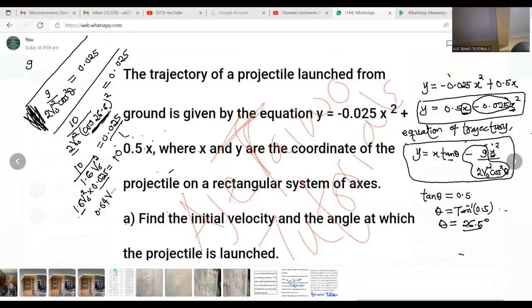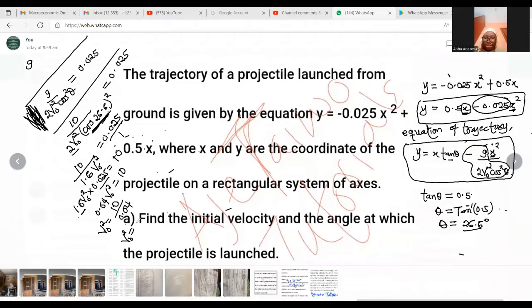0.04 v naught squared equals 10. So v naught squared is now 10 over 0.04. What's 10 over 0.04? 250.